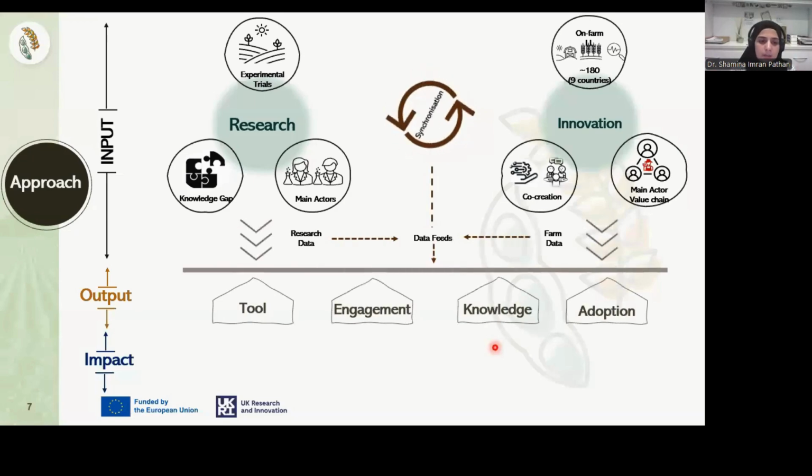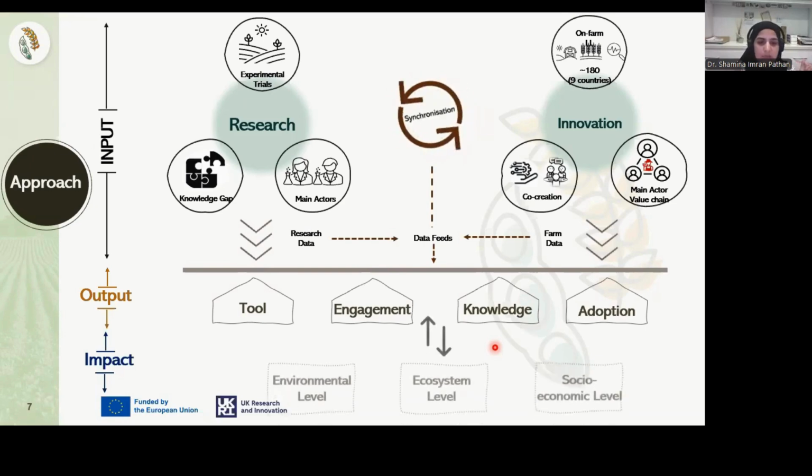Then the data are collected from the research trials and these on-farm trials. We are gathering this data, and it is used for the creation of the tools, closing the knowledge gap at the research level, stakeholder engagement, and wider adoption of this technique.